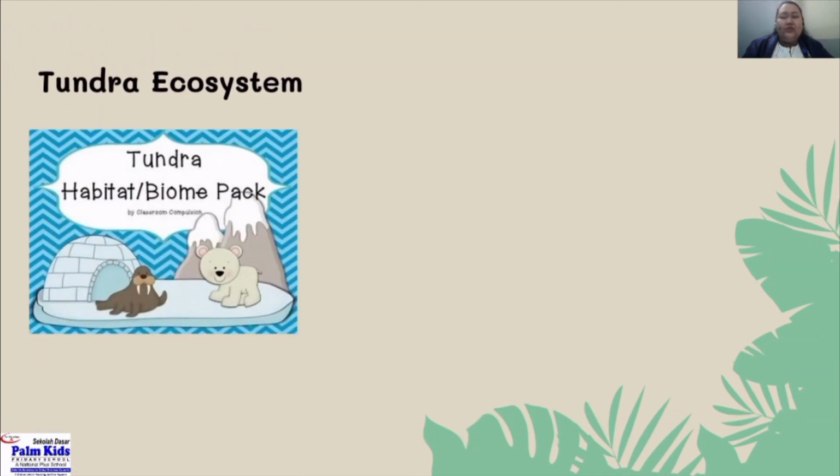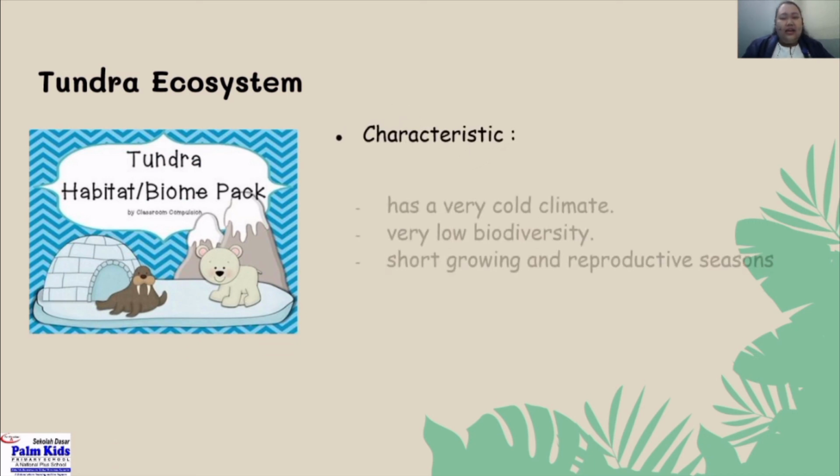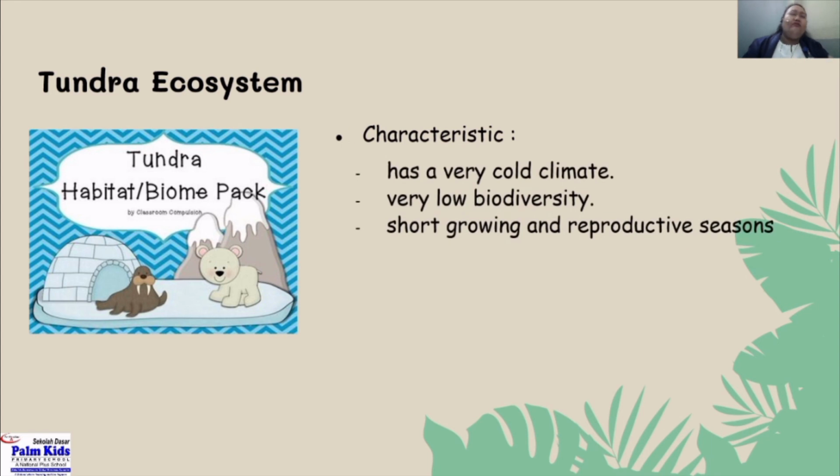Next, tundra ecosystem, or you can say North Pole and South Pole. Characteristics are a very cold climate, very low biodiversity, short growing and reproductive season.